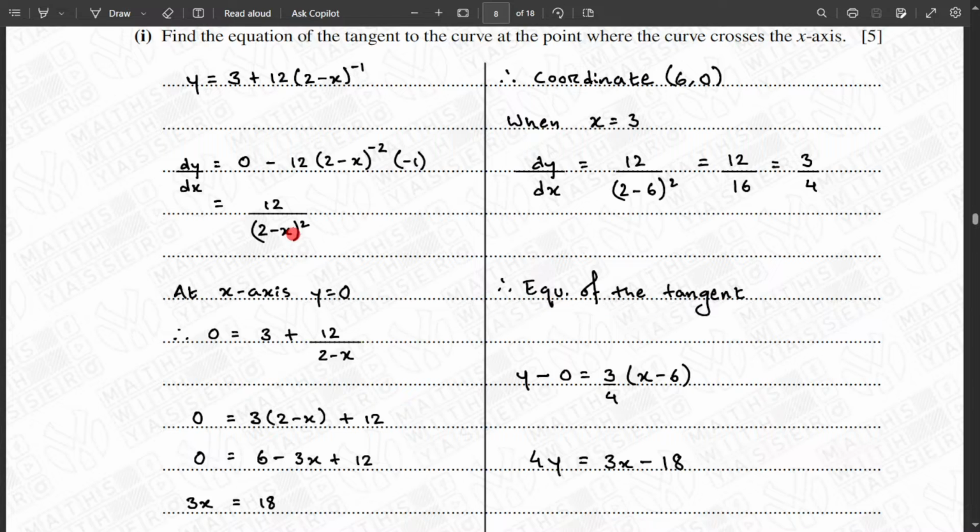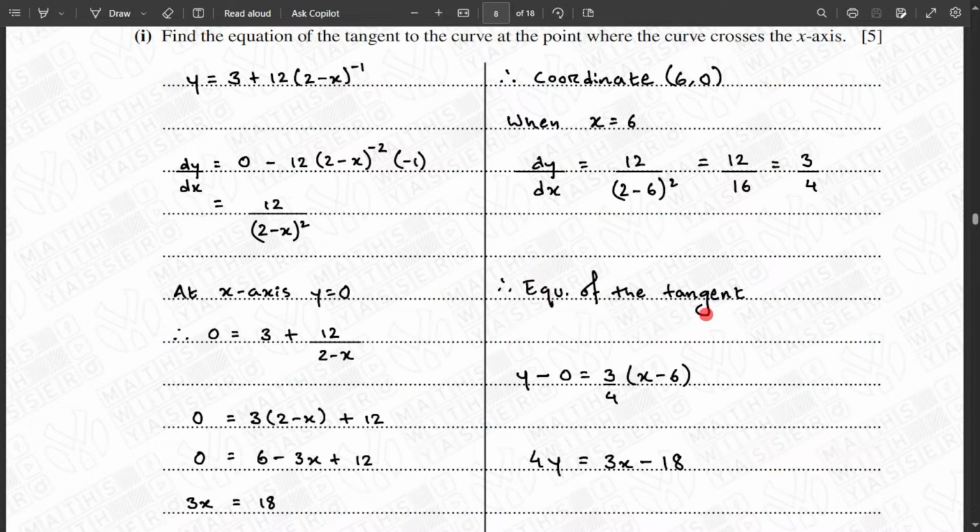So substituting x equals to 6, this will be x equals to 6, not x equals to 3. So when x equals to 6, dy by dx is equal to 12 over (2 minus 6) whole squared, which is equal to 12 over 16. Simplifying it further, we get 3 over 4.